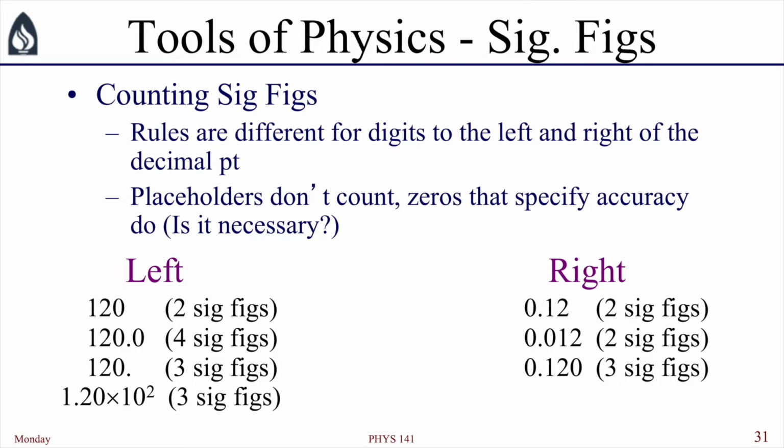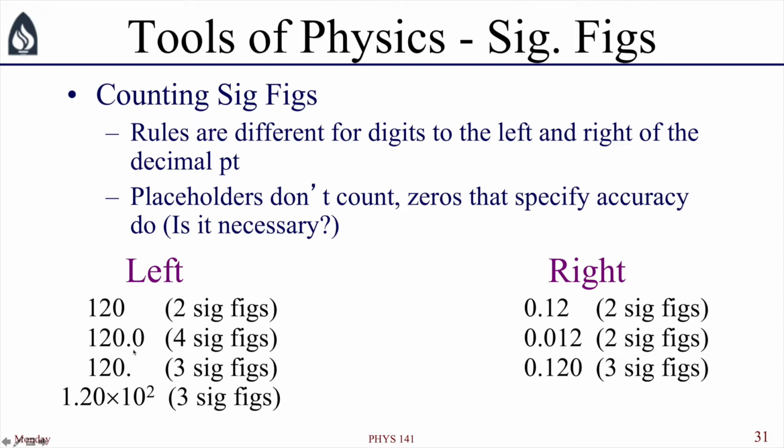If you left it off, you would still have 120. So its job is actually to specify accuracy. You're saying that you have 120.0 and not 120.1 or some other number. So since you are specifying accuracy, this zero is significant as well as the 0 to the left of it. So this number would have 4 significant figures.